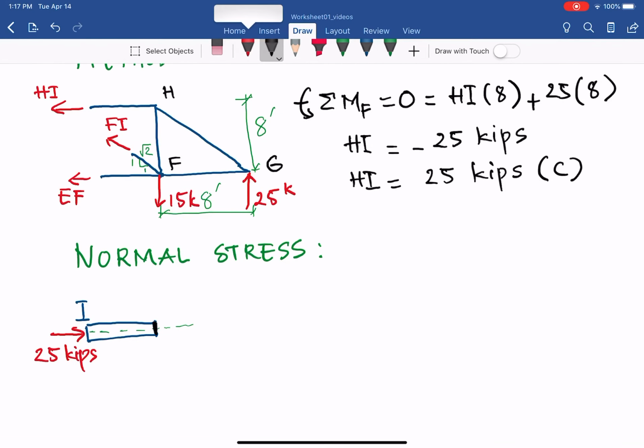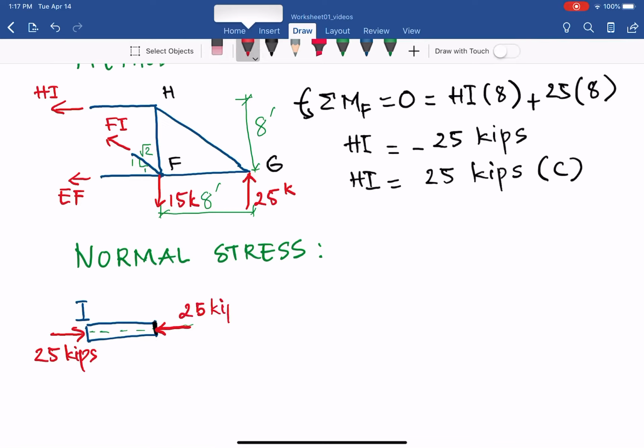From that, we can have the force in that member for sure. The P in this one, or HI, is also 25 kips.